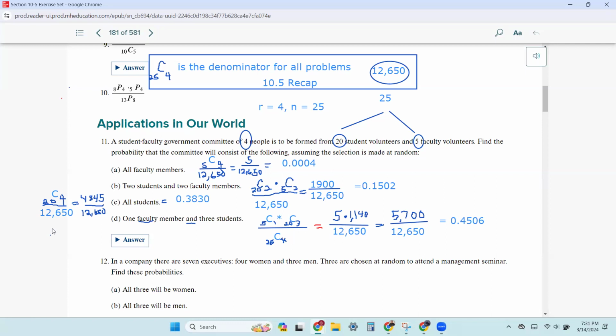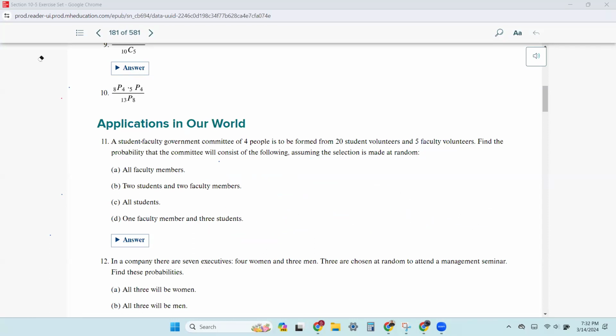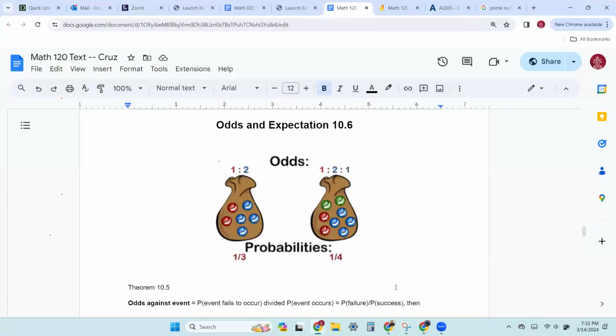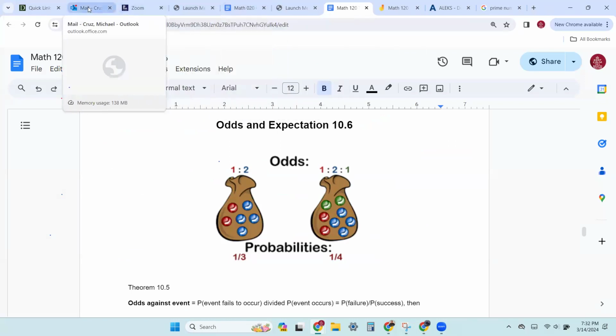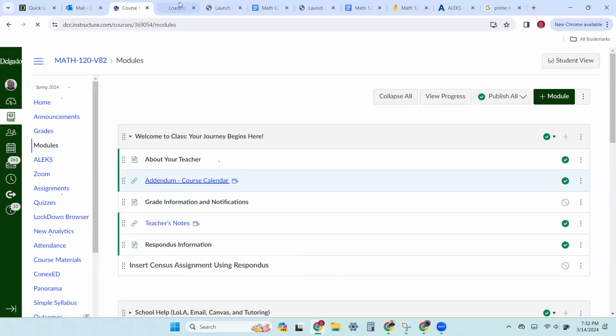All right, so let's get down to 10.6. 10.6 is odds and what's called expectation.